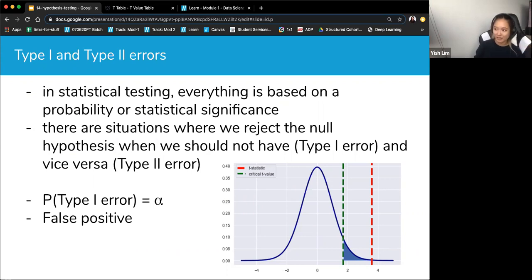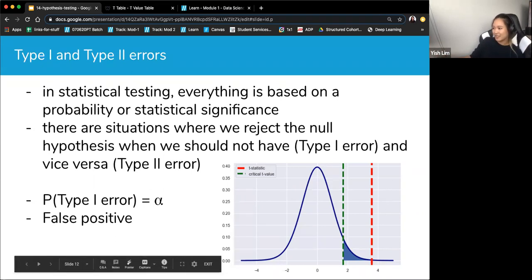Basically, a type 1 error is exactly what I have here, when you reject the null hypothesis when you should not have. And the probability of your type 1 error is literally alpha. Let's not care about this t statistic for now, but look at this critical value.